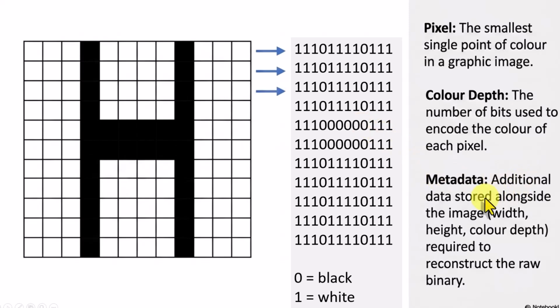In metadata, additional data is stored alongside the image that shows the width, height, color depth, or things like that. This is the information required to reconstruct the raw binary.